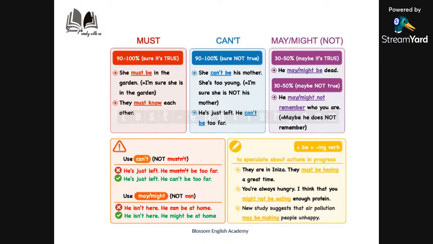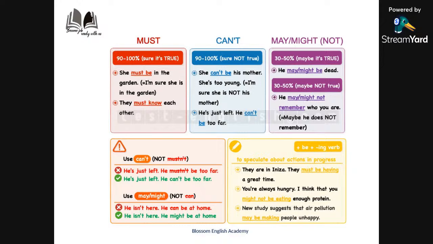He can't be too far." Someone might have left your home like 1 minute before, and when someone asks you where he is, you just say he has just left, he can't be too far. How far could a person go in 1 minute? So you are pretty sure that the sentence is not true.